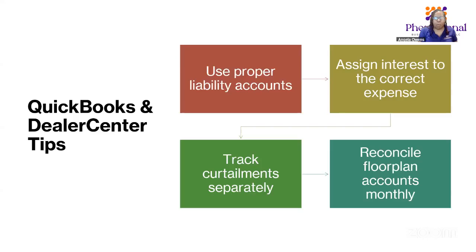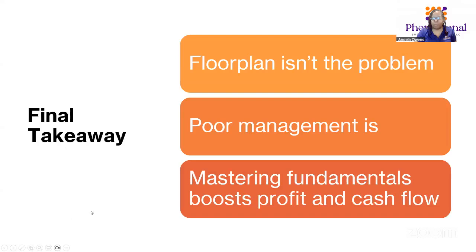So I know that Dealer Center has a section where you can keep track of all of your floor plan stuff, but you still want to compare it to the actual floor plan account to make sure that you have accurate information that you are looking at. So again, pay attention to the details and the paperwork and all that so that you can make the most out of your floor plan.